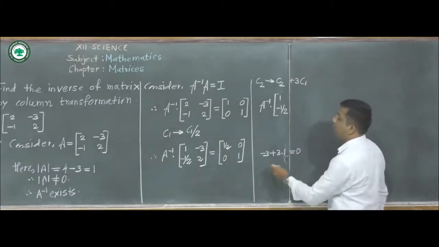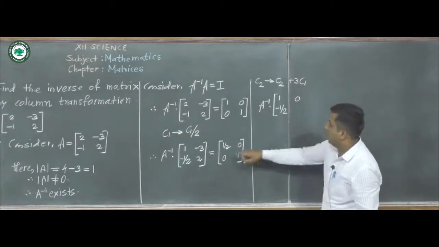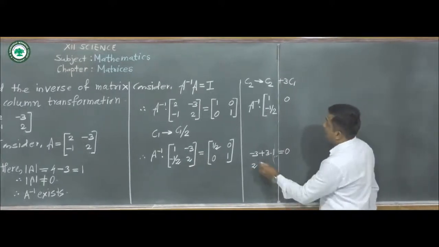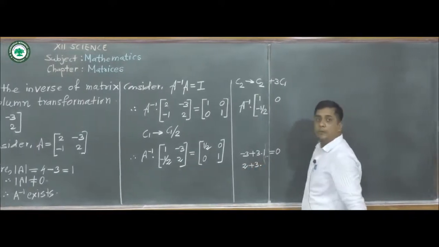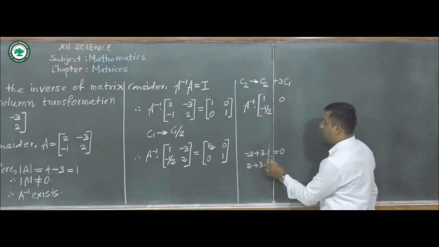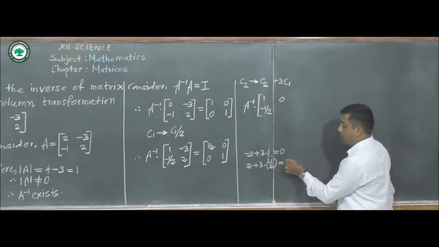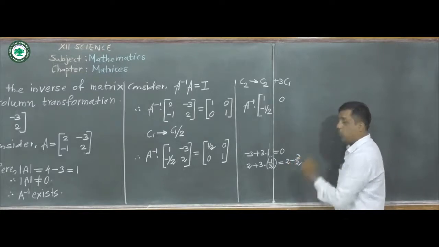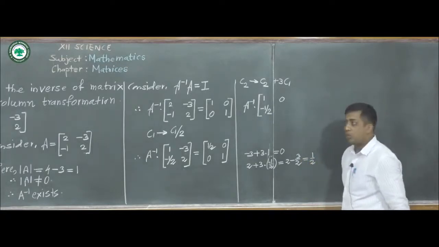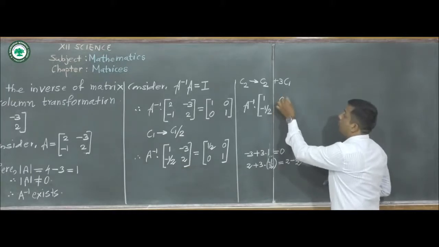So in the position of minus 3 we have 0. Next, the second element of the second column is 2, plus 3 into the second element of the first column, which is minus 1 upon 2. Now this is equal to 2 minus 3 upon 2, and this is 1 upon 2. So in the position of 2 we have 1 upon 2.